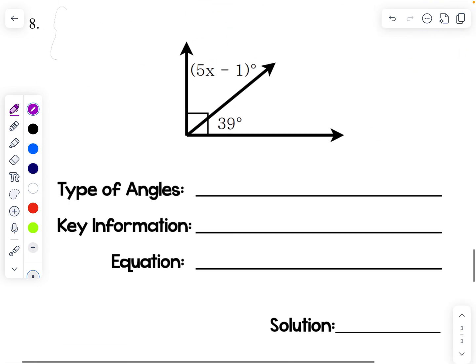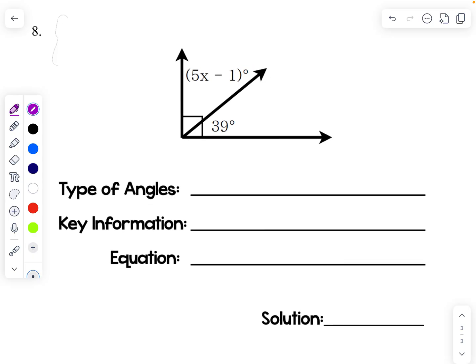Okay, last one. Again, we're going to start by identifying the type of angles. Right away, I'm going to notice something. I see this corner cube. That makes this complementary. Since these are complementary, the key information is that they're equal to 90 degrees, and by equals, I'm talking about the sum of.